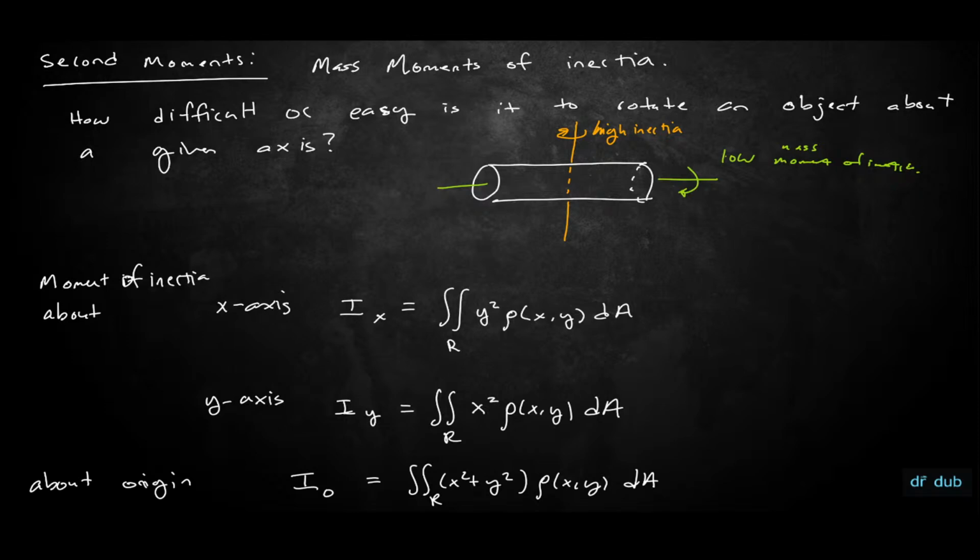It's basically the distance to the origin. Well, x squared plus y squared is the distance to the origin, so you're rotating basically in a circle around the origin.